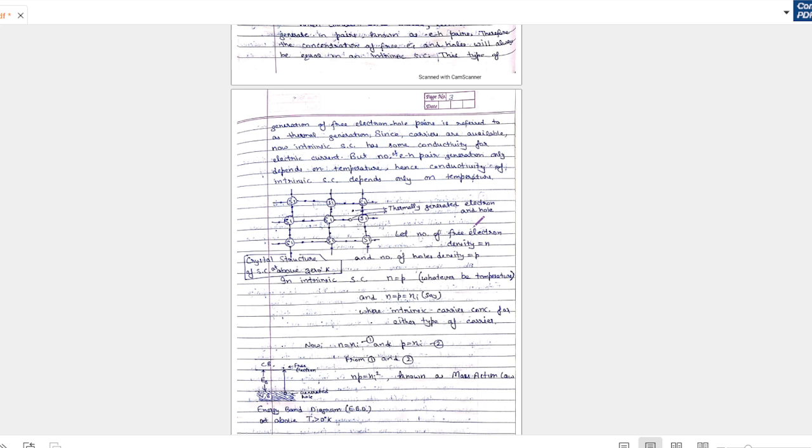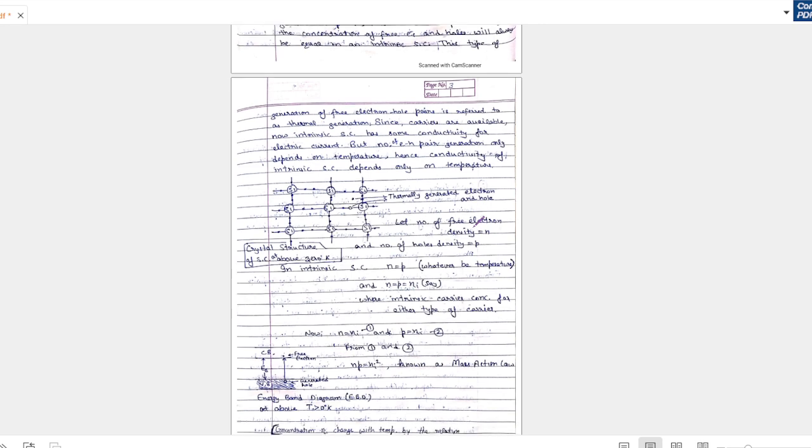So why can't we make a device which works at normal temperature? Let's study this. The only disadvantage of pure semiconductors is that their conductivity is low, because it depends only on temperature.